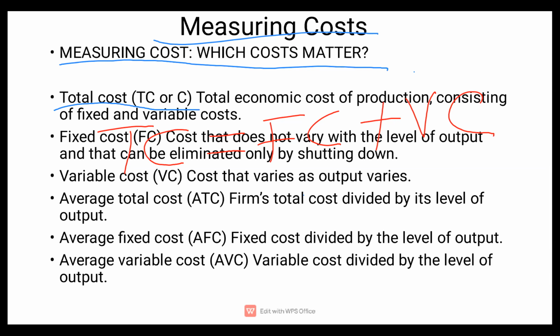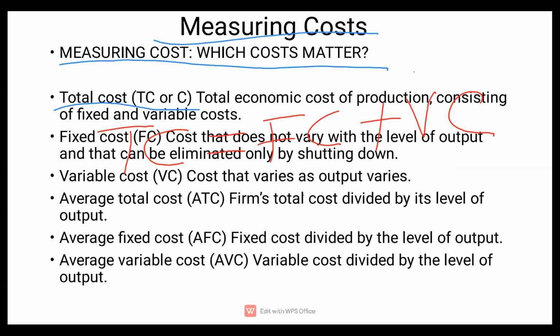I'll repeat: fixed costs are costs that don't change with the level of output. Whether you increase production or you don't, the fixed costs remain fixed costs.